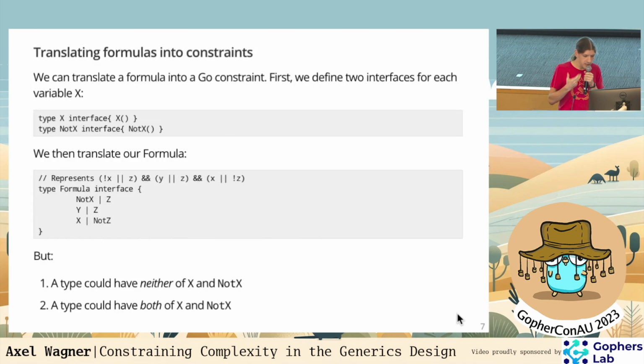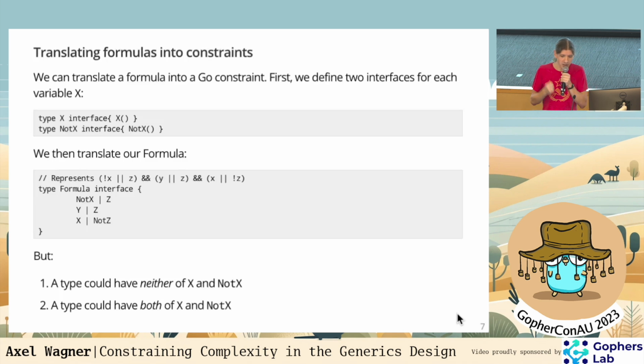A reduction proof means that you give me an instance of a satisfiability problem, and you give me an oracle that solves the problem we are interested in, like this type problem. So you give me a Go compiler that can solve this type problem. And then I will use this oracle, this compiler, to solve the satisfiability problem. And by doing that, I have proven that if I can solve the type problem, I can solve the satisfiability problem by just calling my compiler with the right Go program.